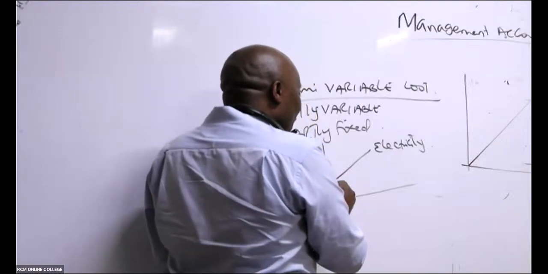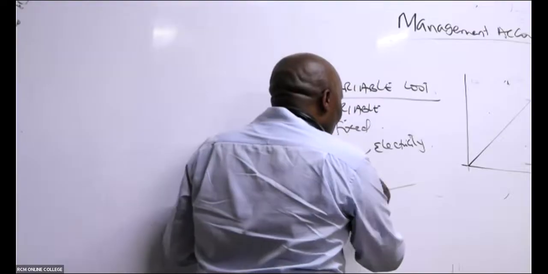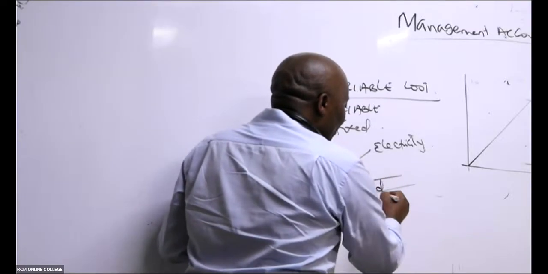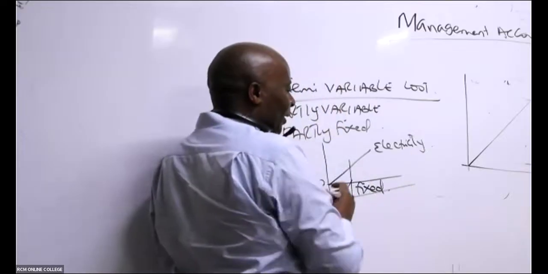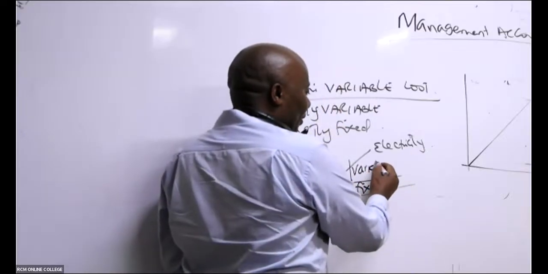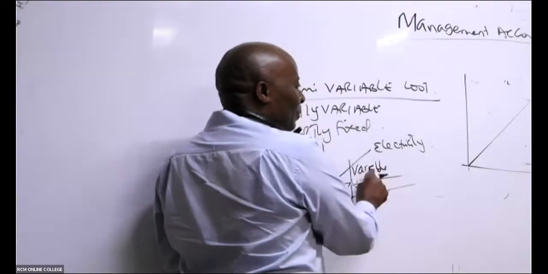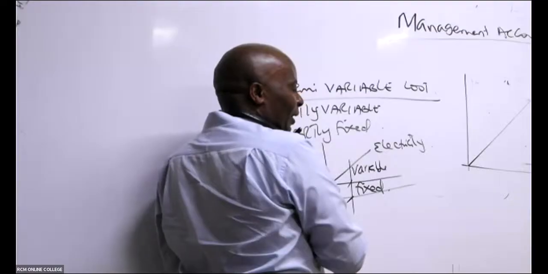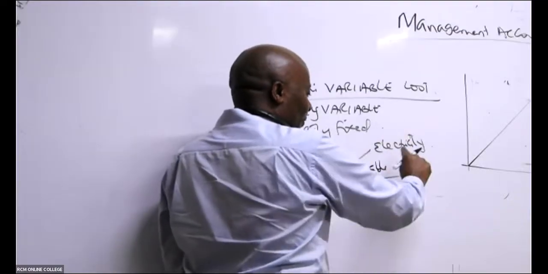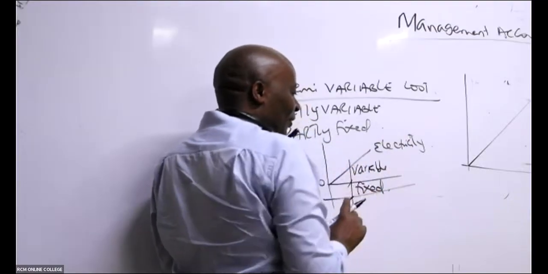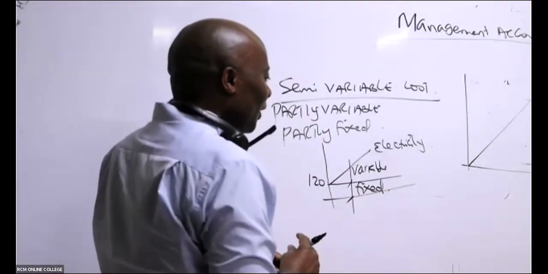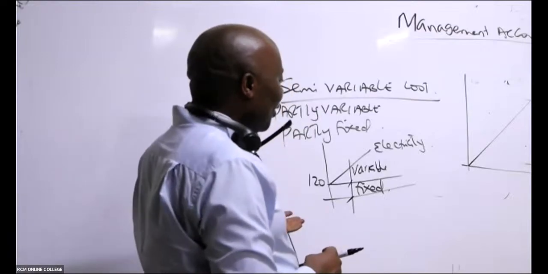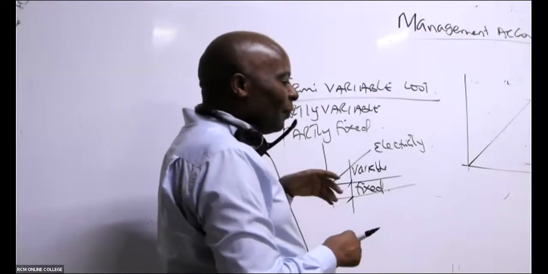All right. So if I dissect my meter bill very well, I will be able to have these 2 components. We have here fixed cost, and then variable. The variable component will depend on the number of kilowatt hours. The more I use, the more, but fixed will always be fixed. Now, people who don't understand semi-variable cost, you always get them at Kenya Power, crying that they never used anything.